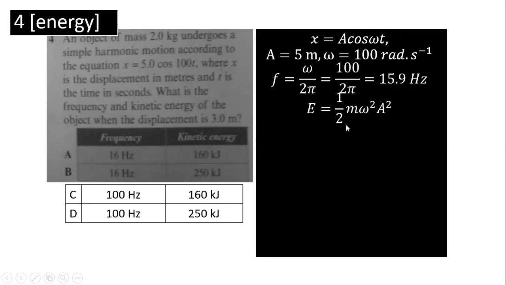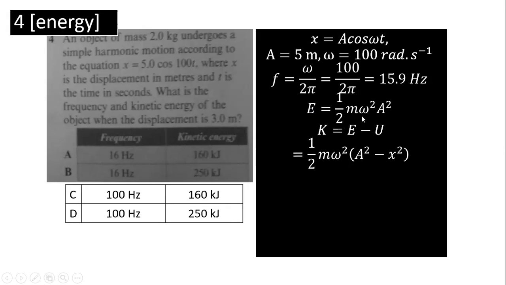Right? Kinetic energy. Yeah, you can think of this as your maximum kinetic energy or maximum potential energy, if you like. Right? If you don't want, you can use a velocity formula to derive it. But that's my way of doing it. Easier to remember. Right? Same. You use velocity formula.